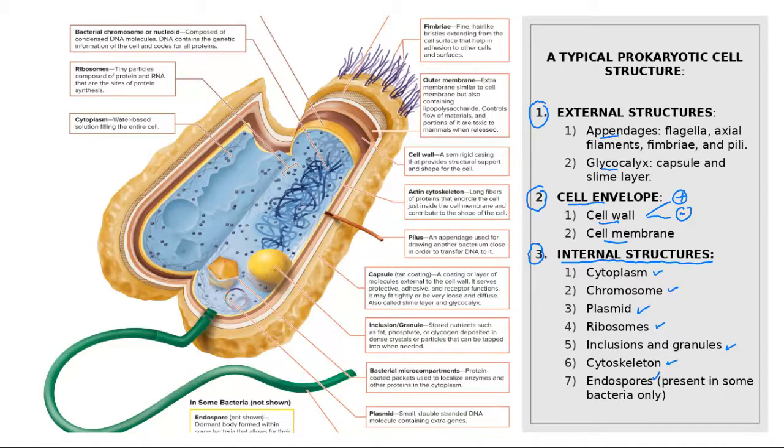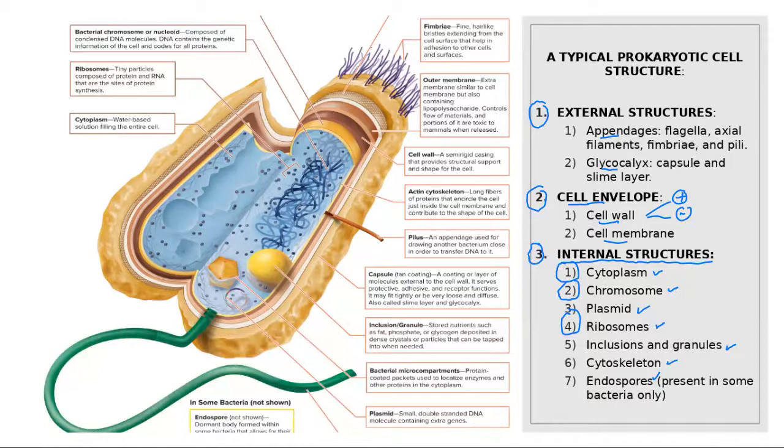Remember, from this internal structure, the ones that are similar to the eukaryotic cells are the cytoplasm, chromosome and ribosome. All cells will have these.